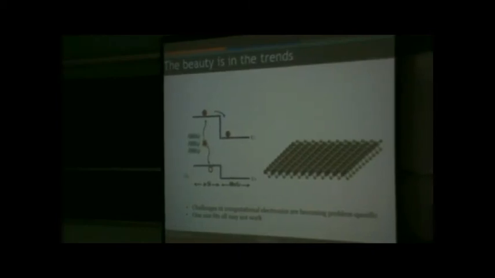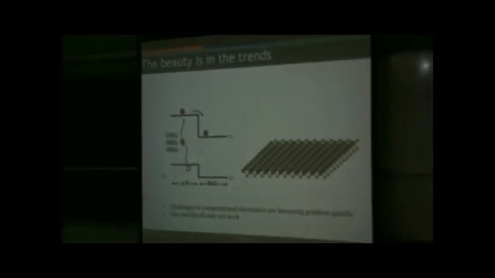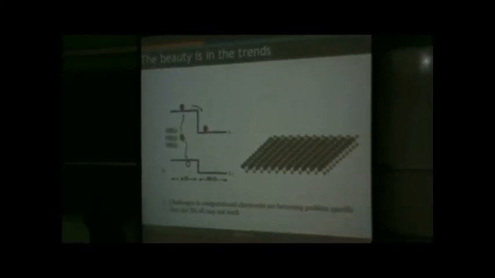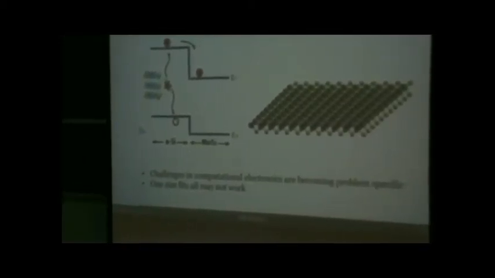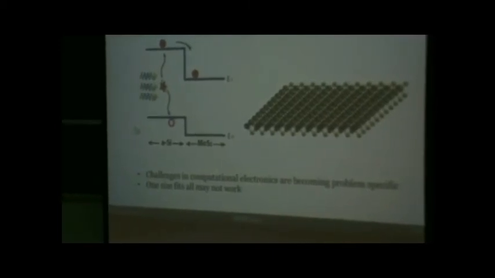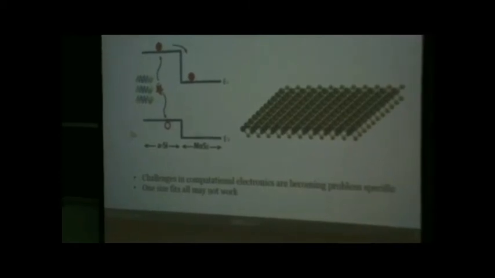And that's the problem. In my opinion, the challenges in computational electronics, at least for exploratory devices, are becoming problem-specific, because each problem is different. We are looking at different materials and each has its own problems.